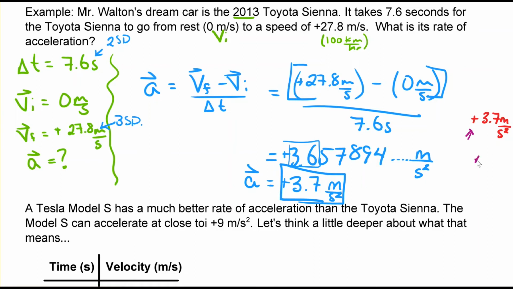I could have written this as 3.7 meters per second per second. That's kind of the way you want to think about it.